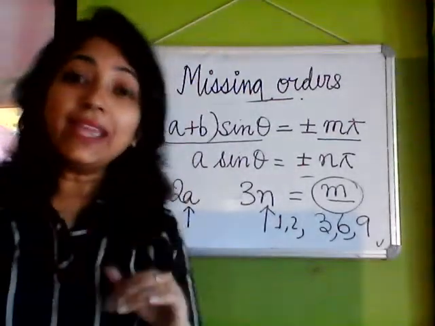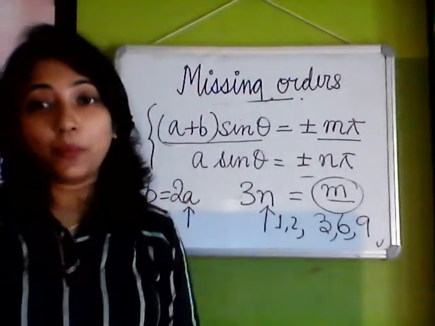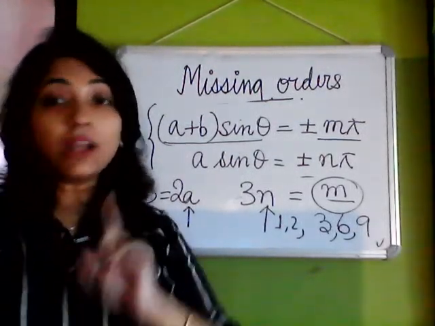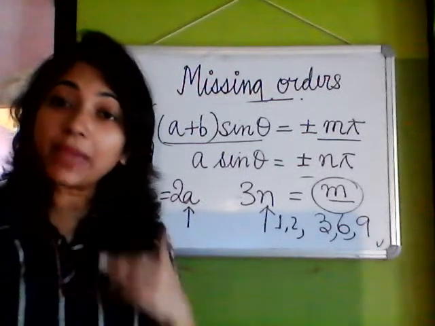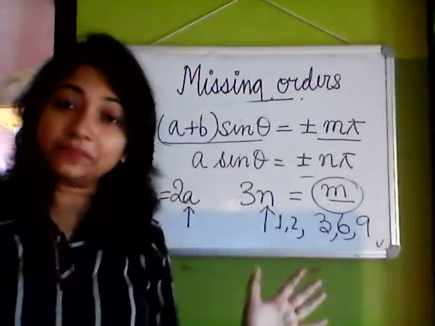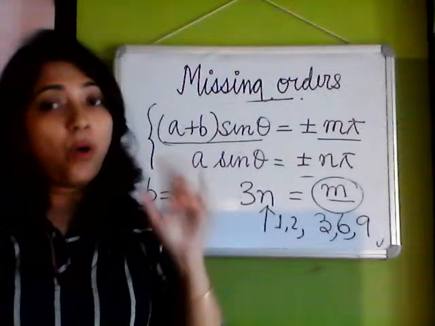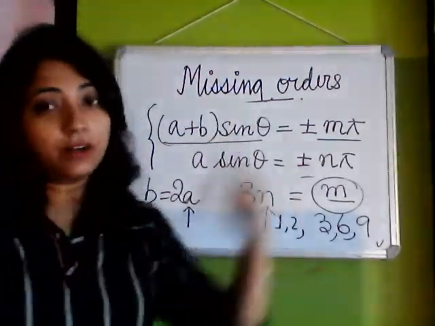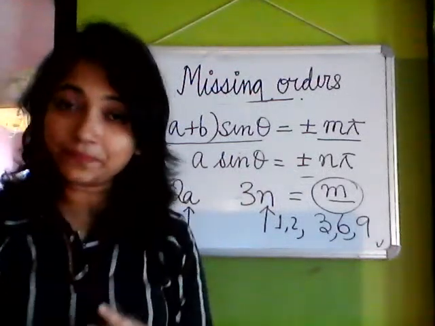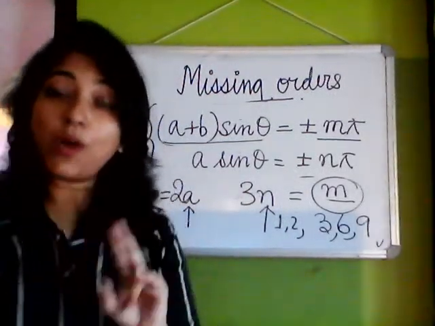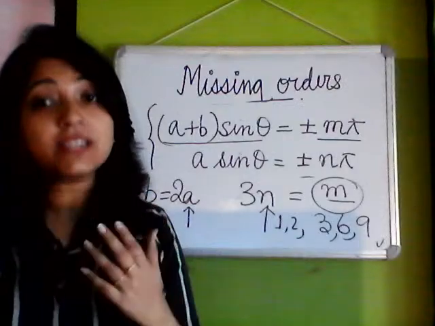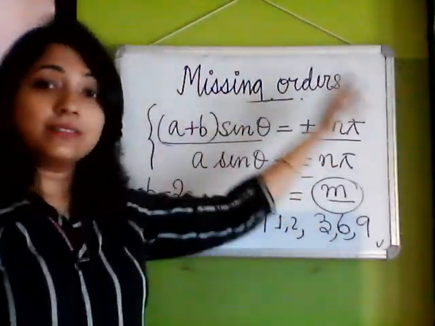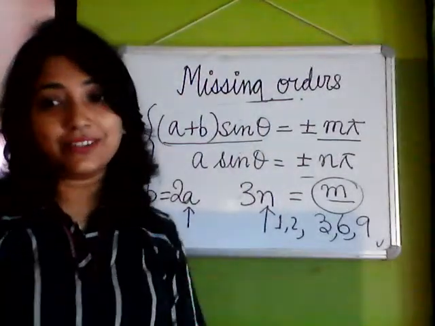Now, before we end the topic of double slit, once again, what are the points which we must prepare for the sake of our examination? All the 7 points that I have been telling you remain the same for single slit as well as double slit. However, one small extra point in case of double slit is the discussion of missing orders.